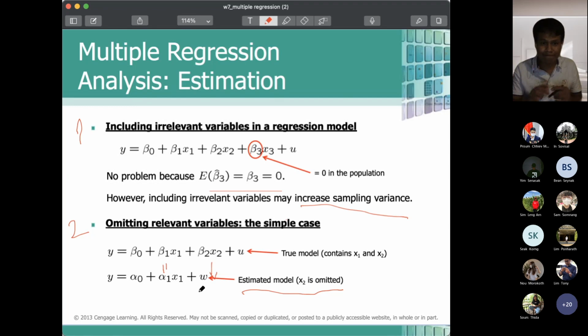What does it mean when it increases the sampling variance? When it increases sampling variance, it means that the variance of your estimate is getting bigger and bigger, larger and larger. And as a result, the standard error of the estimate also becomes larger and larger.